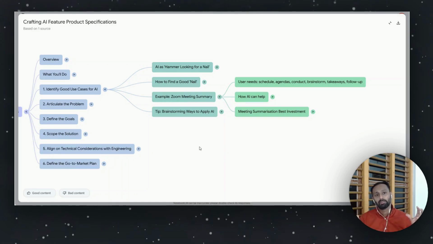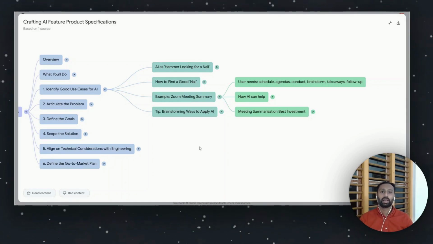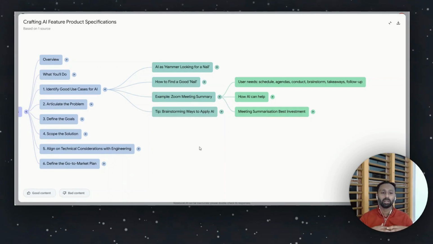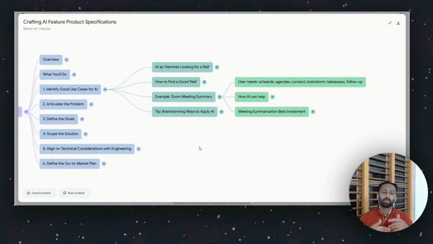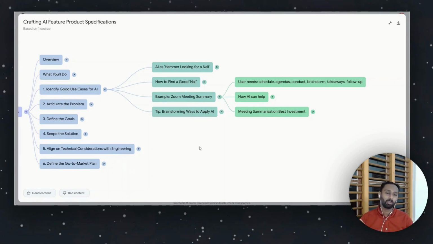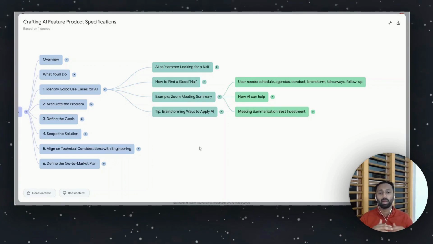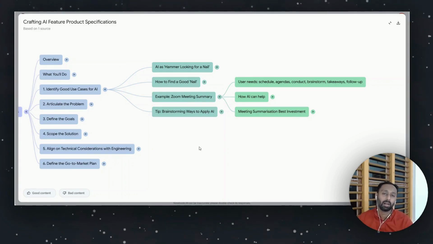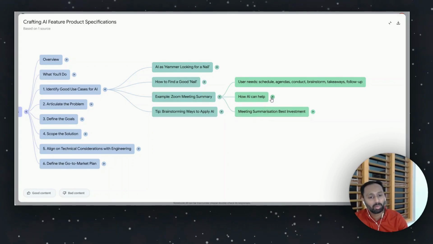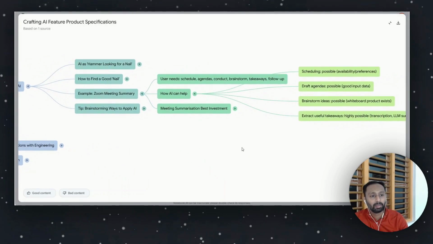A few of the problems that currently exist: if there is a meeting happening, the scheduling aspect of it, sharing of agenda, conducting brainstorming, takeaways, follow-up, all these things are manual today. So here is one flow you could think about solving with AI.